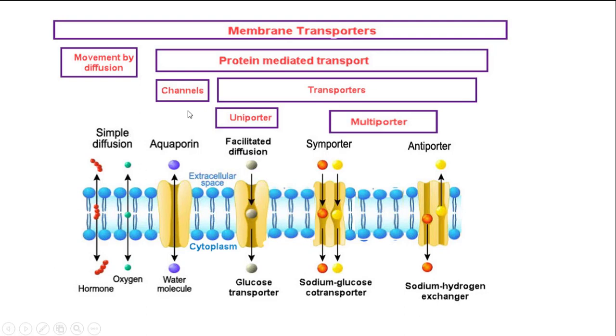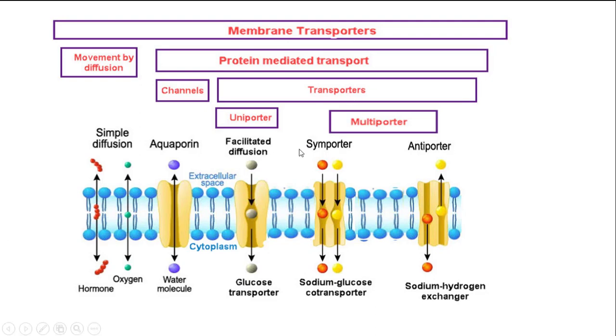Channels are also selective. There are water channels, sodium channels, and potassium channels. In this case, we have aquaporins, that is, water transport channels. Within the kidney, they are available within the proximal convoluted tubule as well as within the collecting ducts.